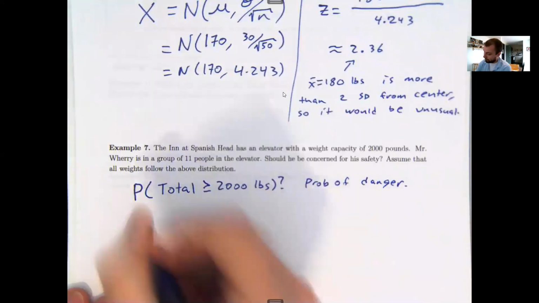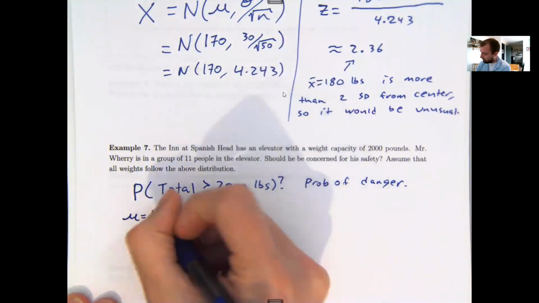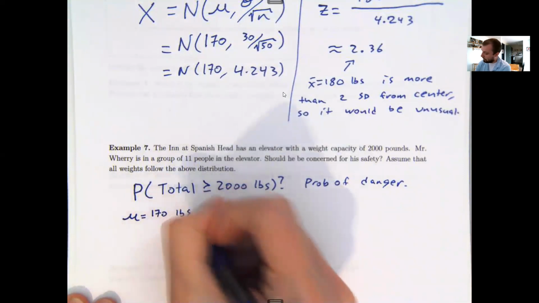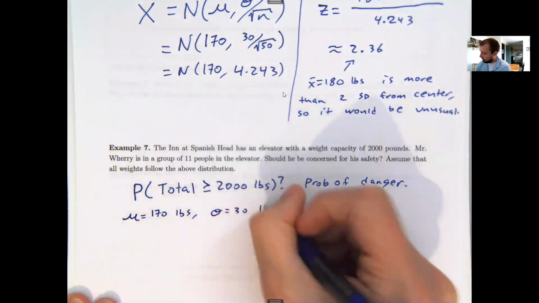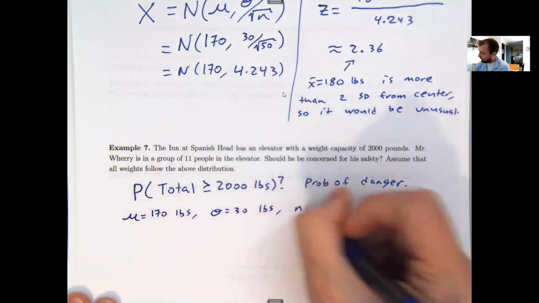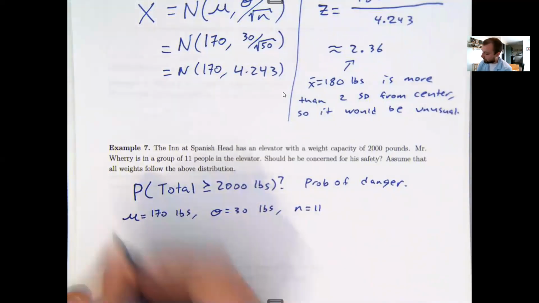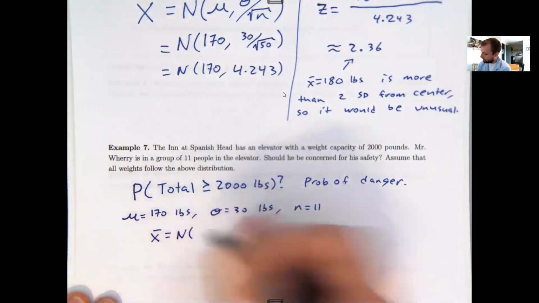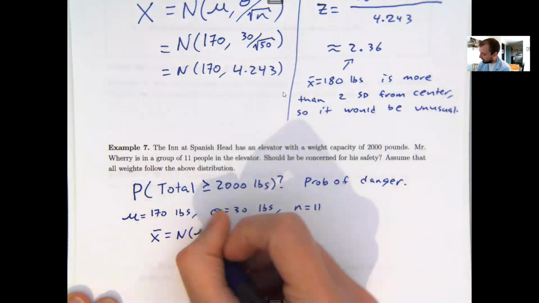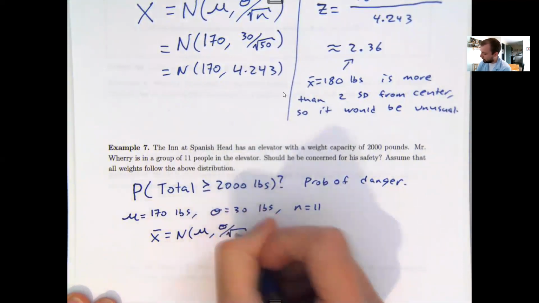Labeling what I have tells me the weights have an average of 170 pounds, a standard deviation of 30 pounds, and I'm looking at 11 people here. So if I think about the average weight distribution for people on this elevator, it should have a center of mu and a standard deviation of sigma over the square root of n.